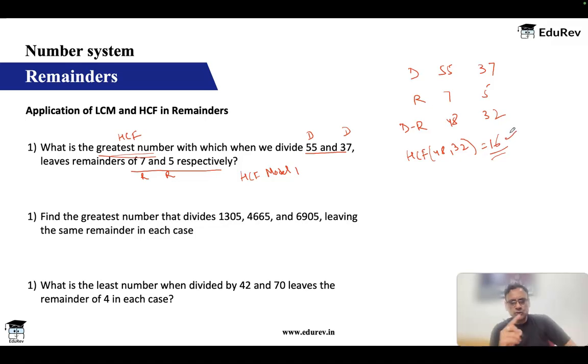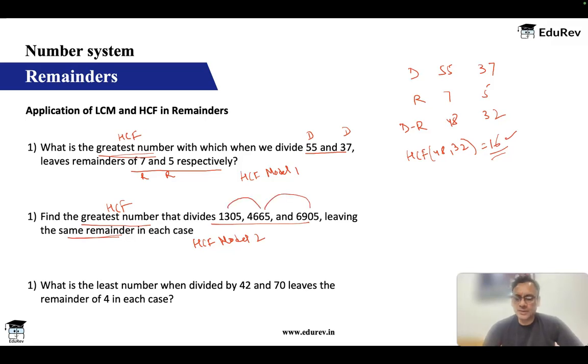Okay, so just to do a recap, because those concepts are also used to find this. Similarly, find the greatest number, again HCF, that divides these numbers leaving the same remainder. I hope you remember, this is HCF model 2. In HCF model 2, what did we do? We used to subtract the dividends: D1 minus D2, D2 minus D1, D3 minus D2.